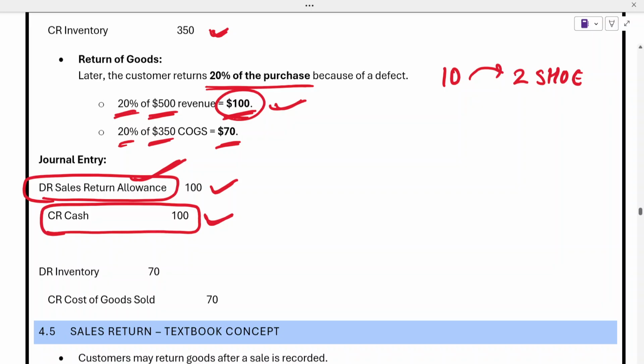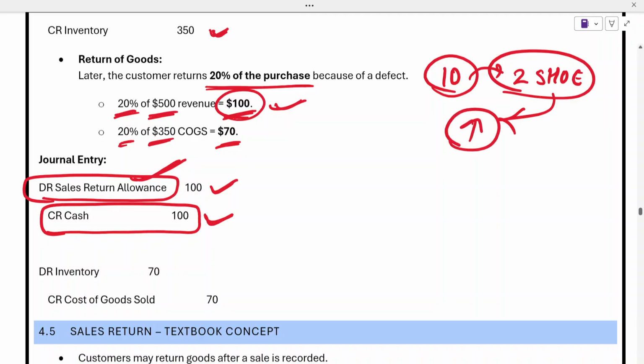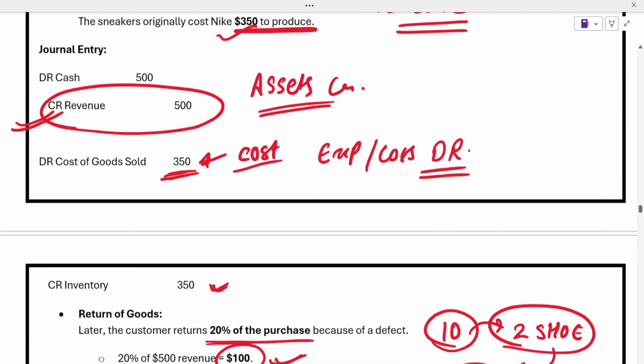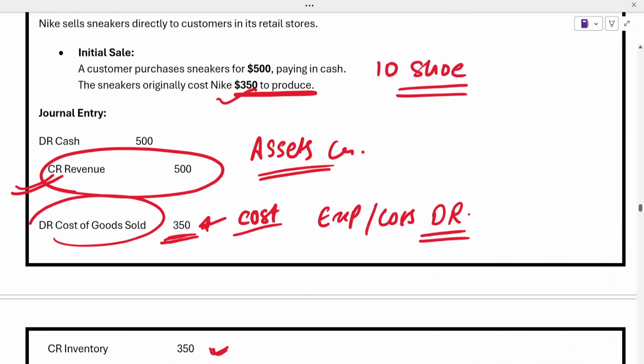Now, out of these 10 shoes, 2 shoes will come back to your store and be stored, so inventory will again increase. When inventory, or assets, increases, your asset gets debited. So you will debit the inventory by $70. You debited the cost of goods sold while selling the goods.